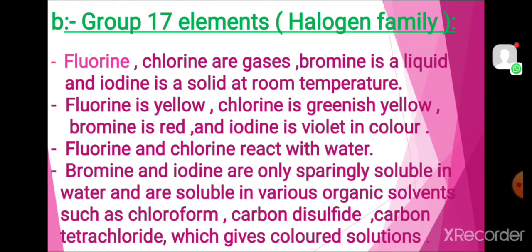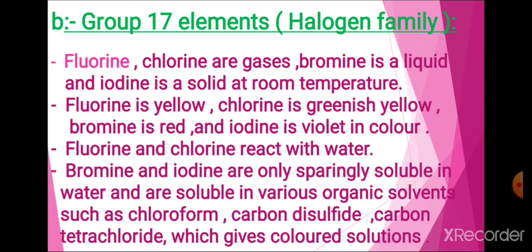Fluorine has a small atomic size, and the lone pairs on each fluorine atom in the F2 molecule are very close together. That's why they strongly repel each other and make the F-F bond weaker, and this requires less energy to break the bond.